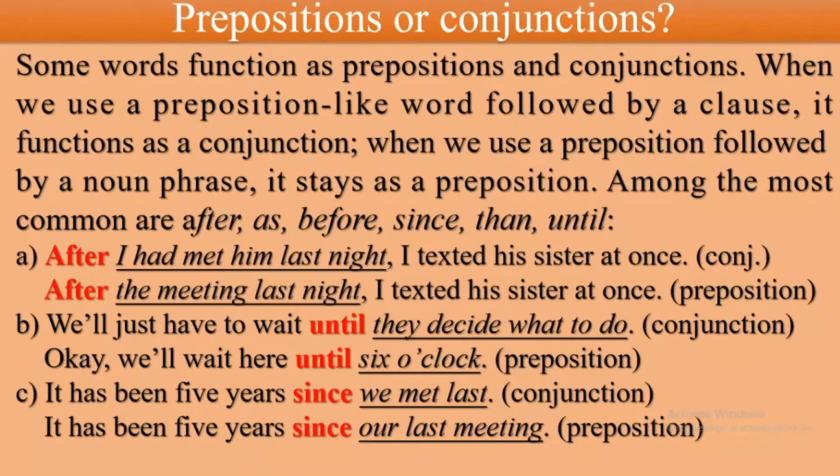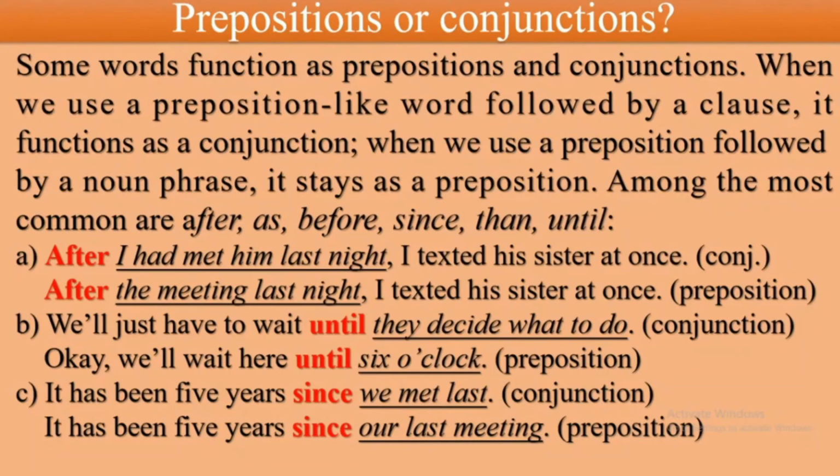When I say our last meeting, here there is no subject, no finite verb. But we met last, it is a clause because here we is the subject and met is the finite verb. In the second sentence, we has been our, and we know only our cannot be a subject, and meet has been meeting.